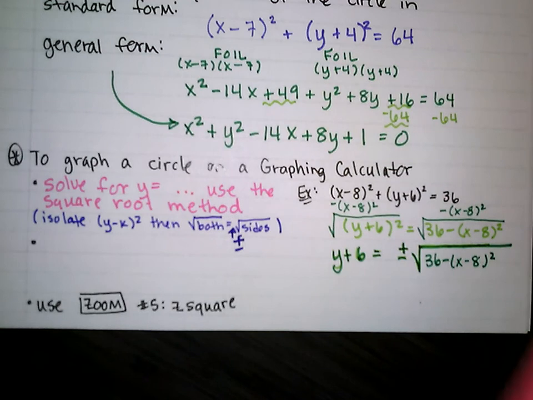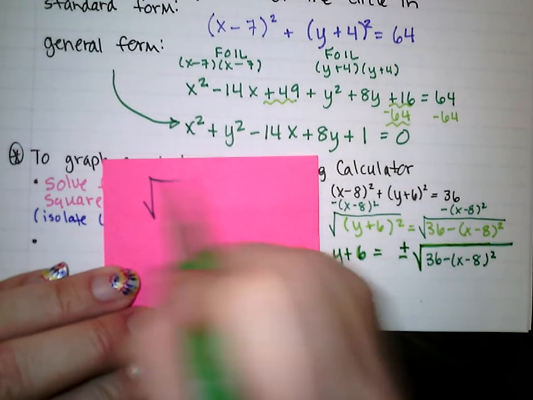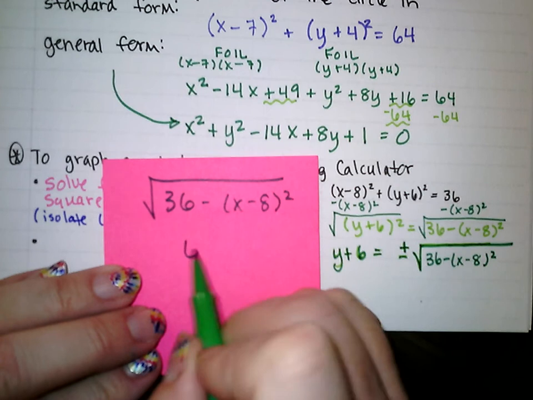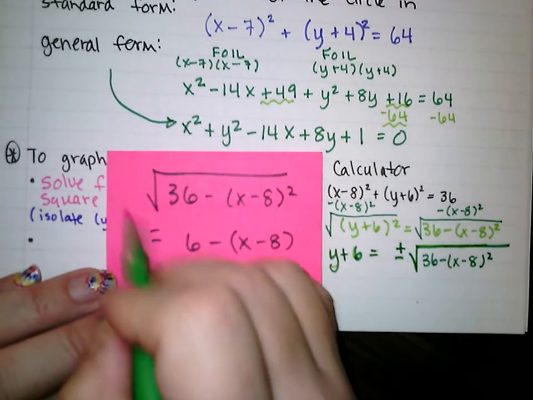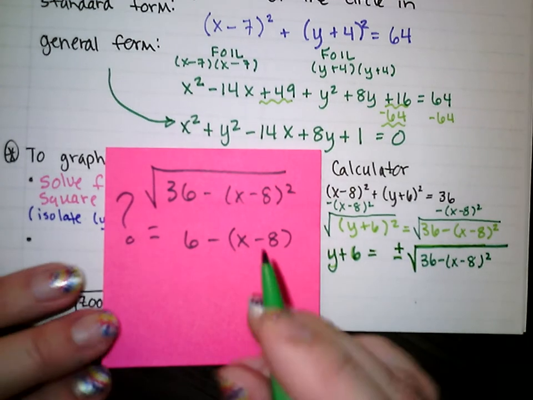Now, I know that if you guys were here, at least one person would ask me, can we make this into this, since they're both squared? Are these two things equal to each other? Let's try this with numbers.